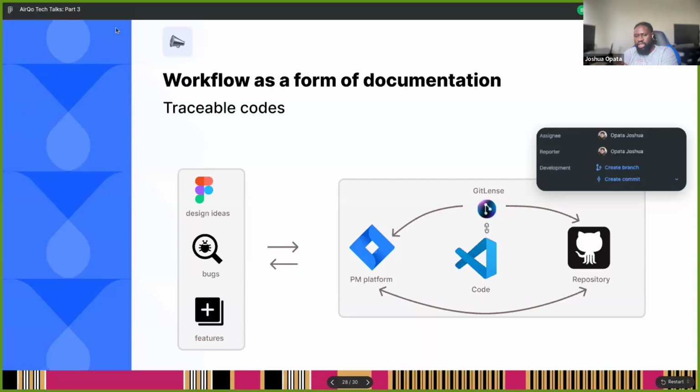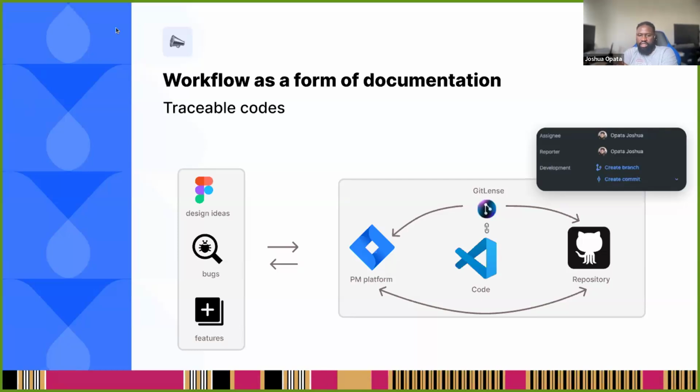Then after creating the branch, you do your code changes in your IDE, VS Code or whatever. Once it's done, you create your PR. This is the most important part of creating your PR. In Jira, I was talking about the story having its own detailed description. But in the PR, you are going to give a detailed description of your solution.